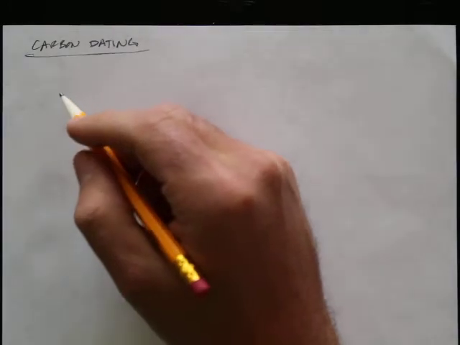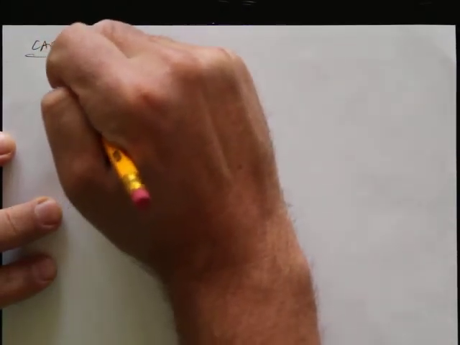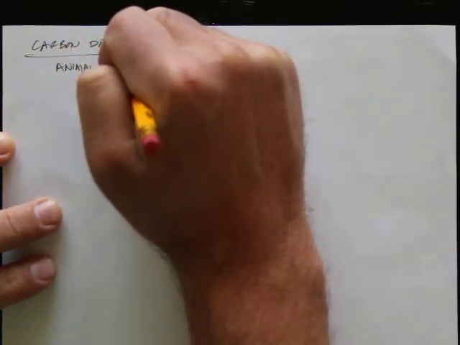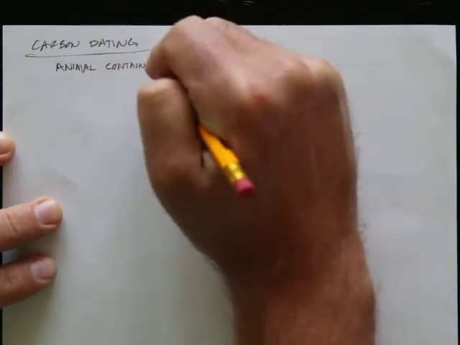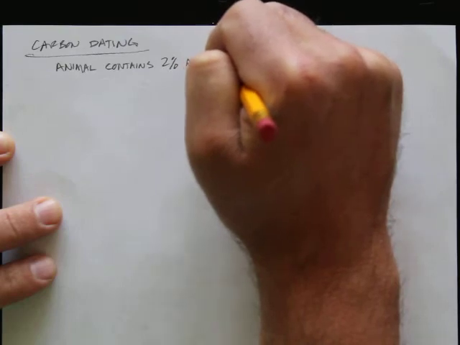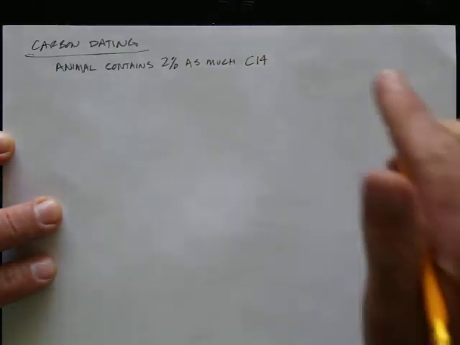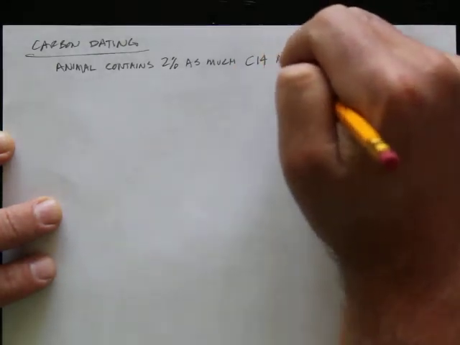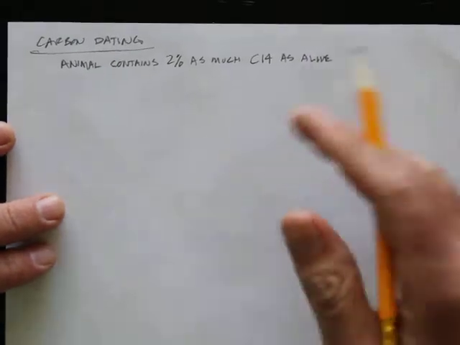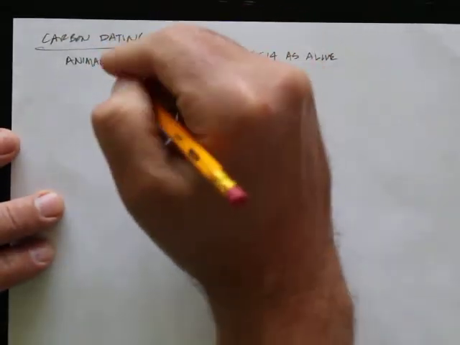So there's an animal that contains, okay, let's see if we can write this out without writing too many words. An animal contains 2% as much carbon-14, we're just going to say C14 like that, as when it was alive. Okay, so I'm just abbreviating a whole bunch so we're not writing so much. How long ago did the animal live?